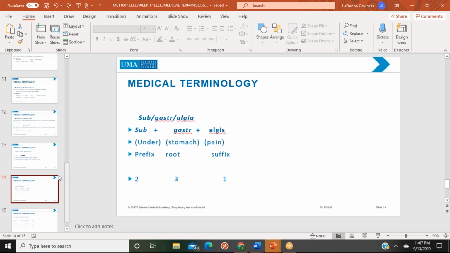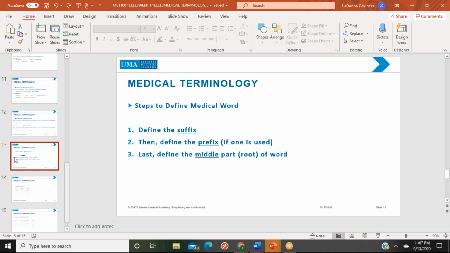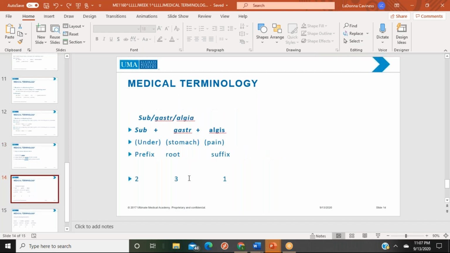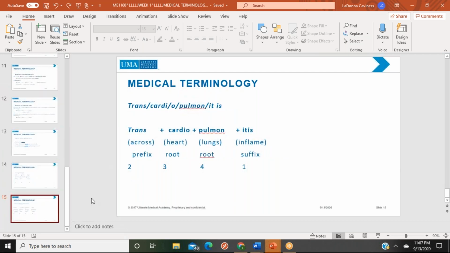GASTR equals stomach, which is your root. And ALGIA equals pain, which is your suffix. Let's go back to slide 13. The steps are to define the suffix, then the prefix, then the word root, and that's exactly what we did here.